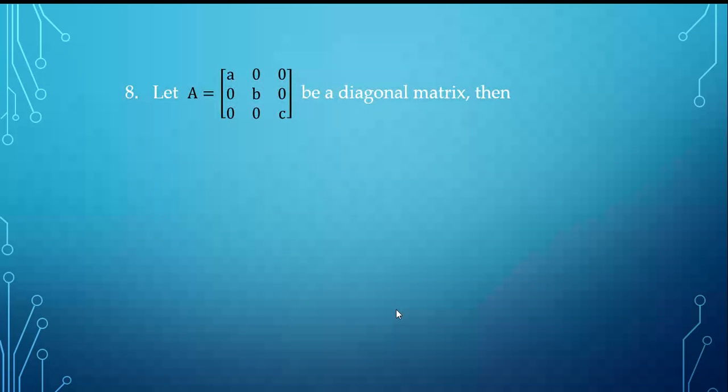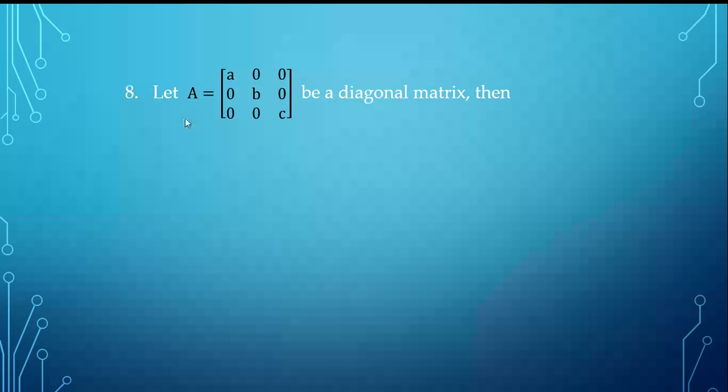Now the next property is about a diagonal matrix. What is a diagonal matrix? You know what a diagonal matrix is? A diagonal matrix is a matrix in which the diagonal has the non-zero elements and all the non-diagonal elements are zero. This type of matrix is called a diagonal matrix.